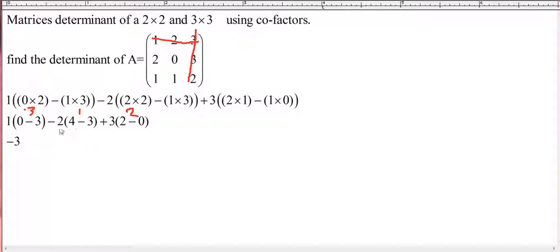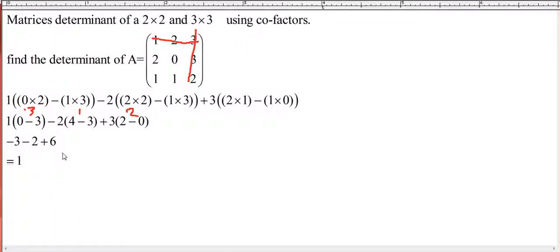Yes, so it's 2 times 1 gives us the answer of minus 2, because we are saying it's minus 2 times 1, so it's minus 2, and then plus 3 by 2, which is 6. So it's 6 plus 6 here, and then the final answer will be minus 2. Minus 3 minus 2 is minus 5. So the determinant of this one, the final answer, is 1.